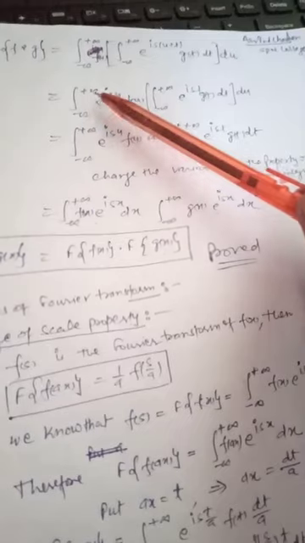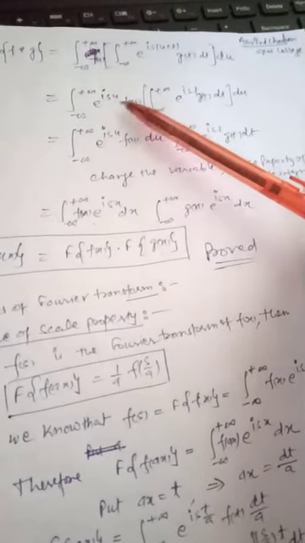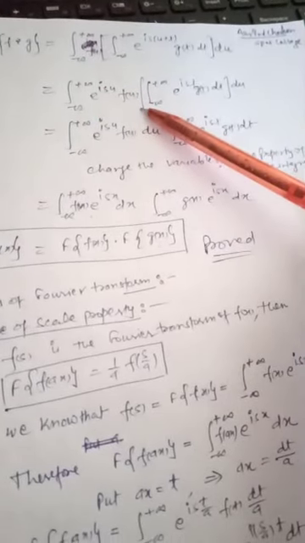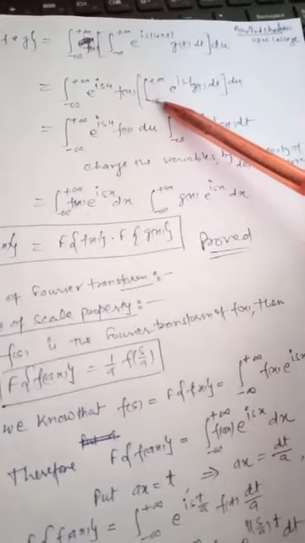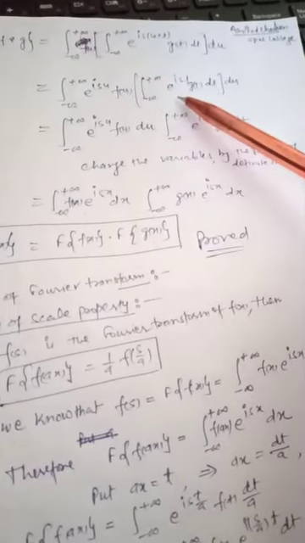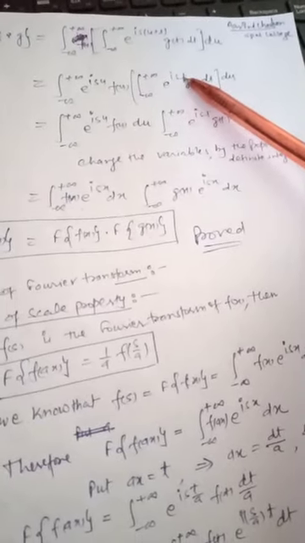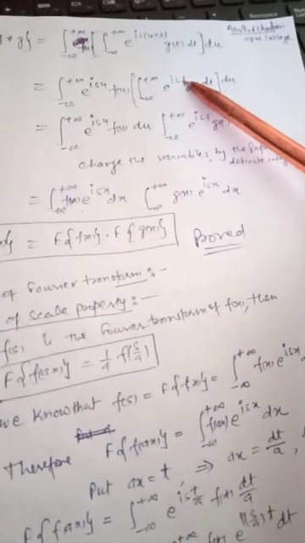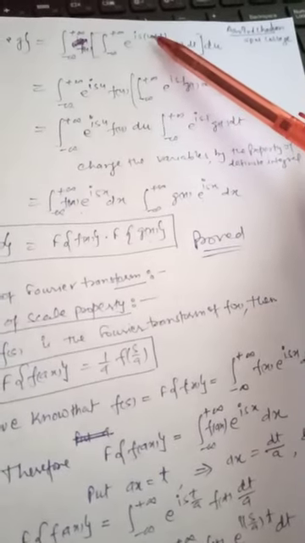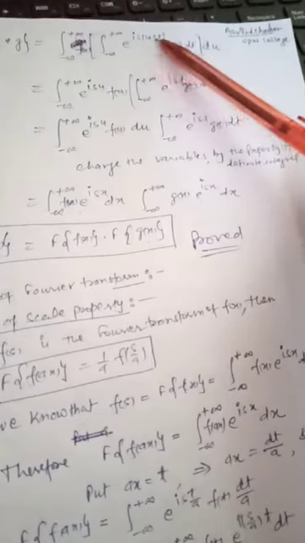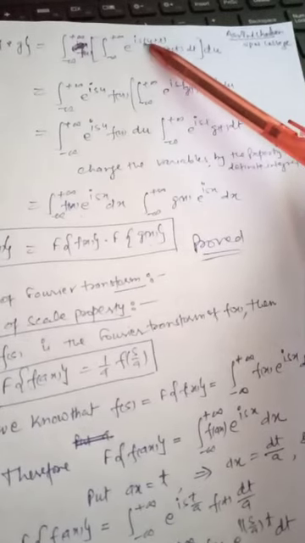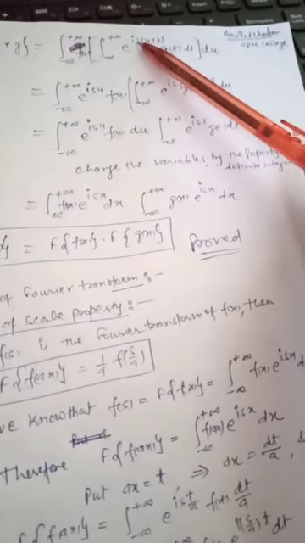Okay. The next line, minus infinity to plus infinity, exponential iota s u f of u, bracket minus infinity to plus infinity, exponential iota s t. From here, when you open this, you have two terms.